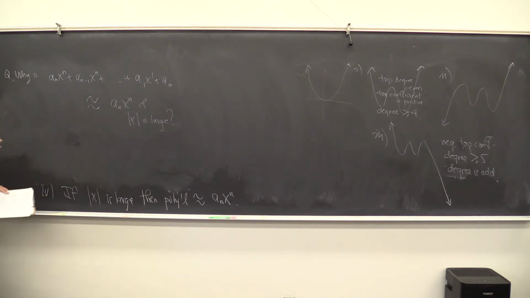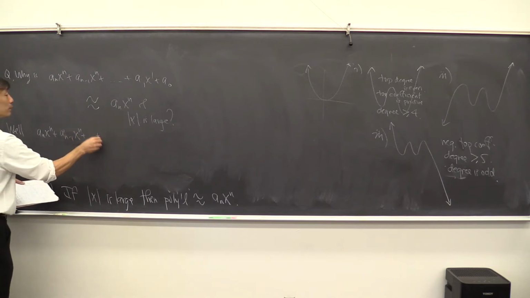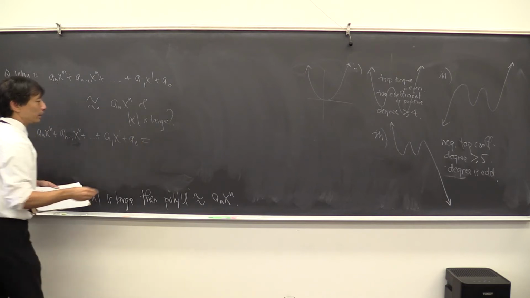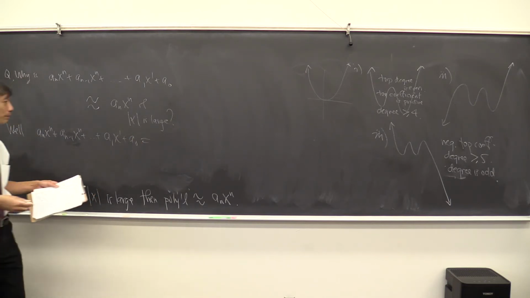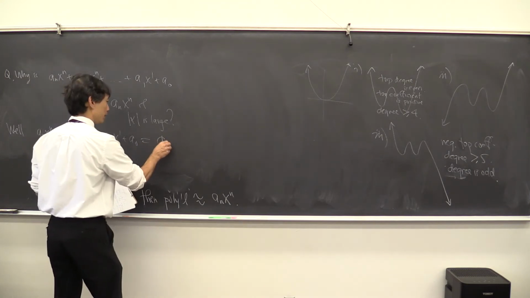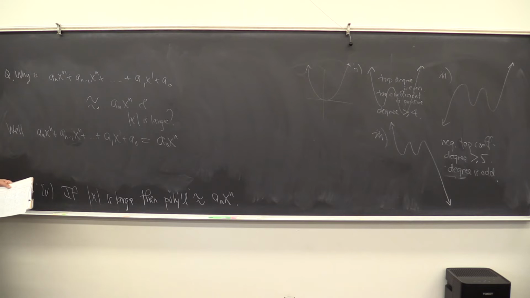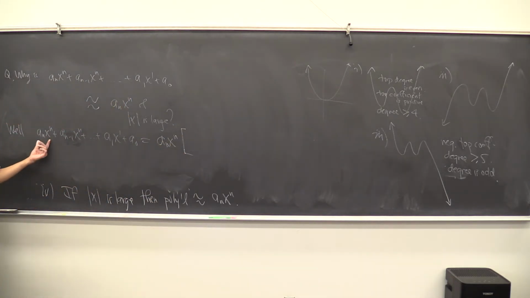One way you can think about this is, if we take this thing, a_n x^n plus a_(n-1) x^(n-1) plus a_1 x^1 plus a_0, we can rewrite it by factoring out an x to the n. We're going to distribute out an x to the n out of everything.